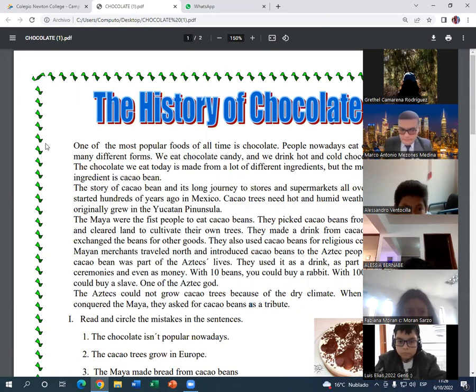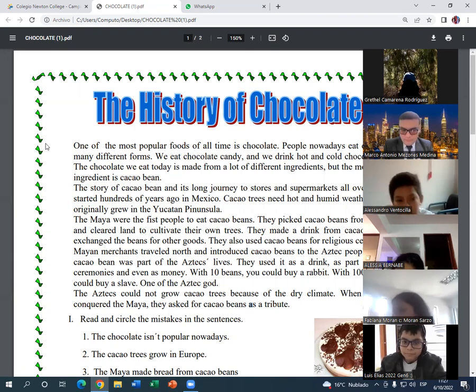The history of cacao bean and its long journey to stores and supermarkets all over the world started hundreds of years ago in Mexico. Cacao trees need hot and humid weather and they grew in the Yucatan Peninsula. The Maya were the first people to eat cacao beans.